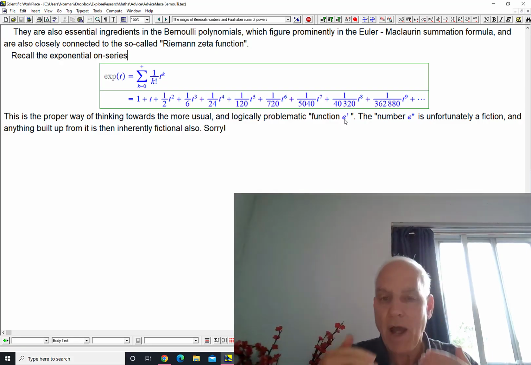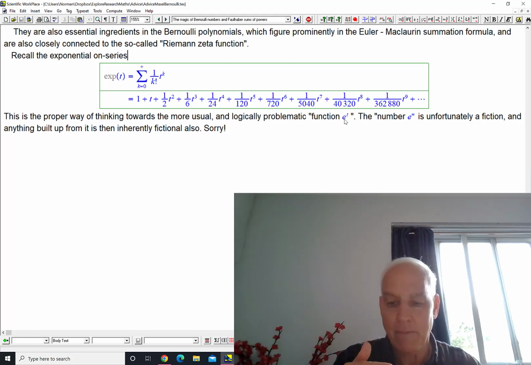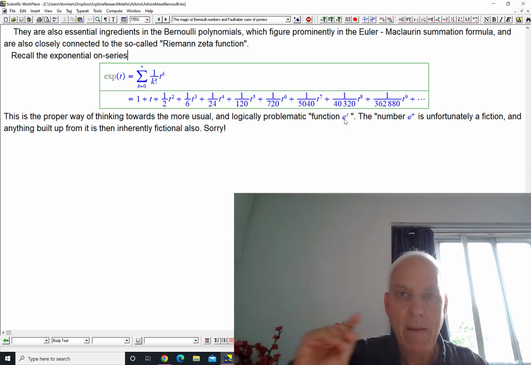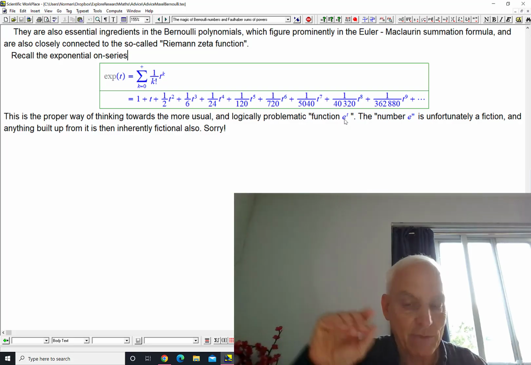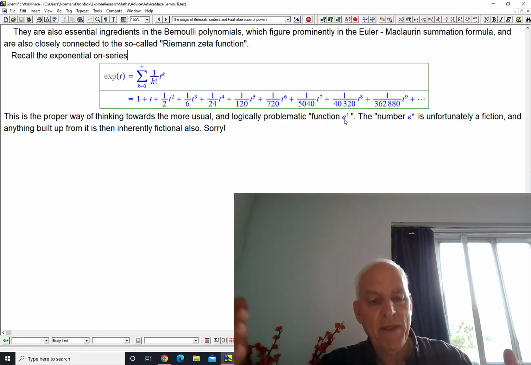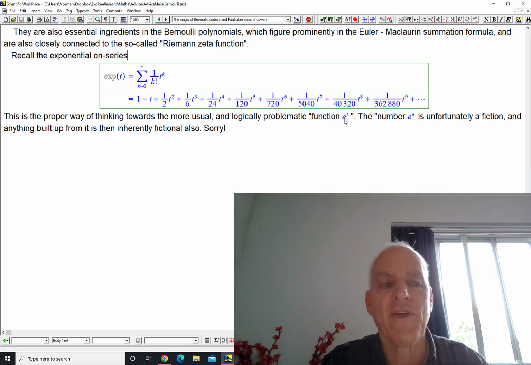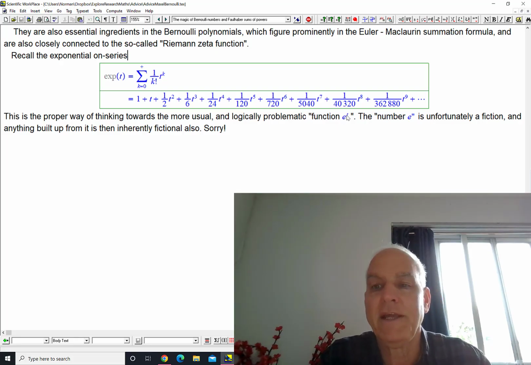Okay, so we're not able to calculate e. We can create a program which will generate more and more digits in a certain direction. But to say that there's this number e that's at the end of the rainbow, that's the result of completing this ongoing algorithm or process is wrong. It's logically wrong. Okay, so we don't have e, and so therefore we don't have e to the t either.